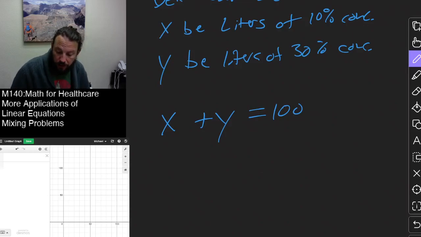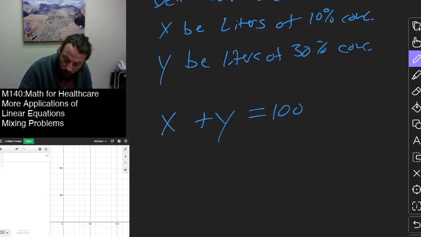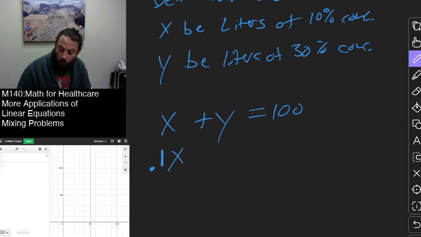So we need a little more information, because we haven't used the concentration yet. Let's say the liters of saline in X liters of solution is 0.1 times X. Similarly, there's 0.3 times Y, 30% of the liters of 30% solution. We use 'of' a lot of times as multiplication.